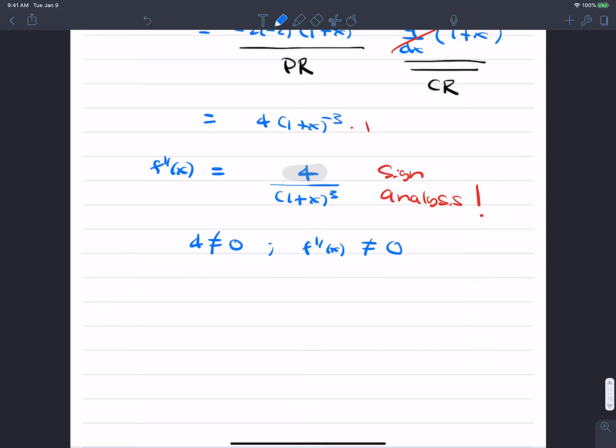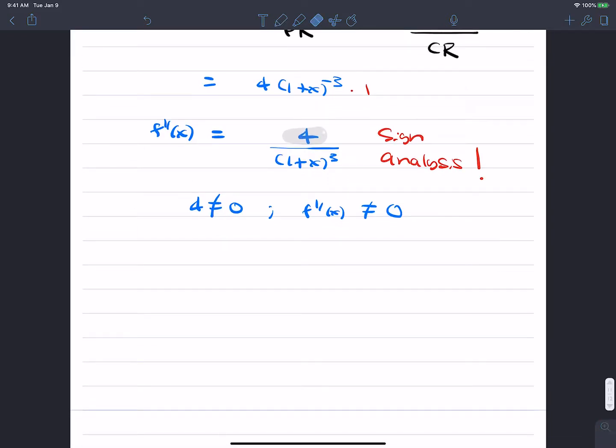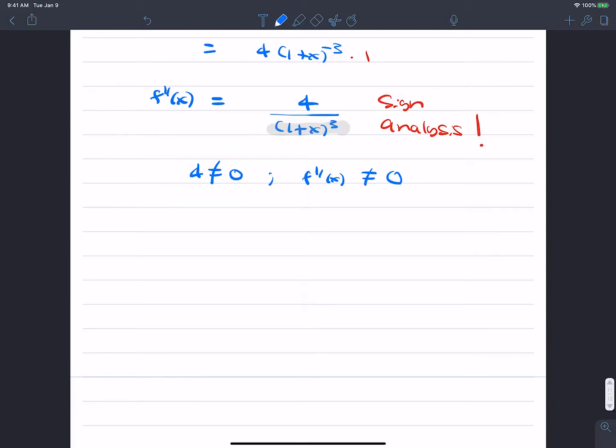Okay, that's useful. And then now, for sign analysis, we set the what? Denominator equal to what? 0. So 1 plus x to the third power equals 0 really means that 1 plus x is 0, because if you're going to cube anything and it ever equals 0, what that means is that base has to be 0 to begin with.